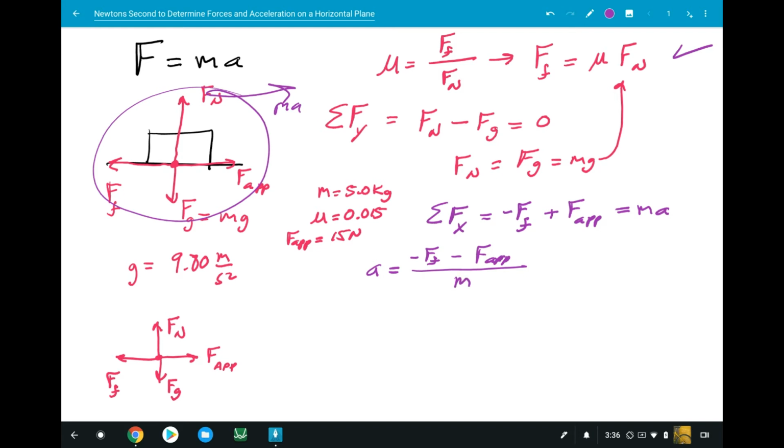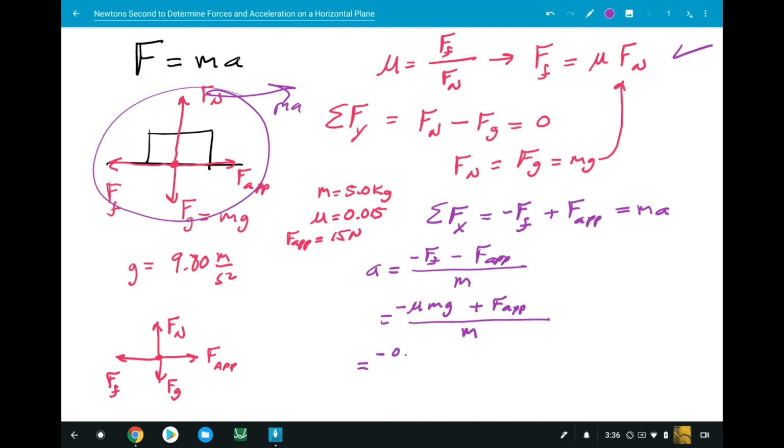divided by its mass. Let's do another step here. We're going to have minus mu mg plus F applied divided by mass. So let's plug in our values and see what we're going to get.